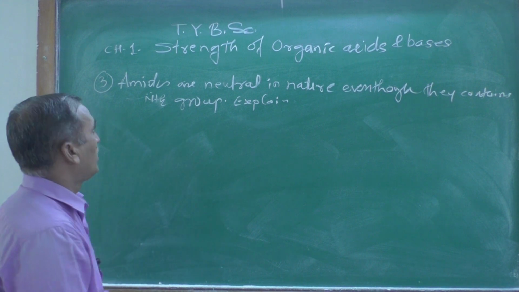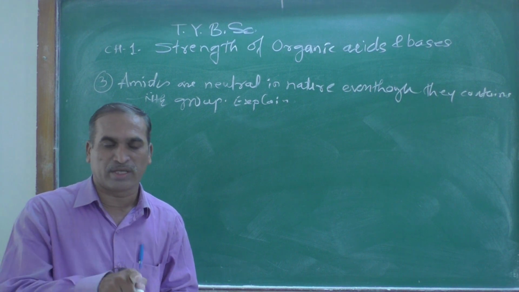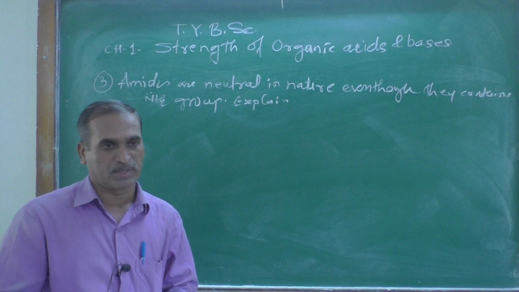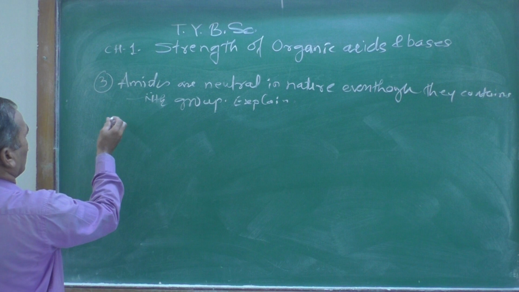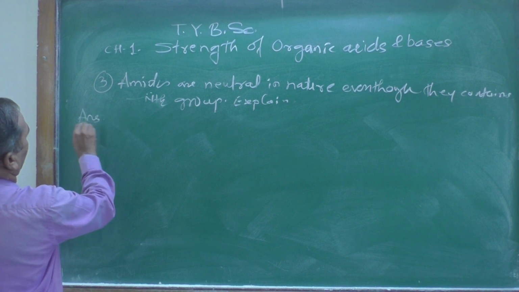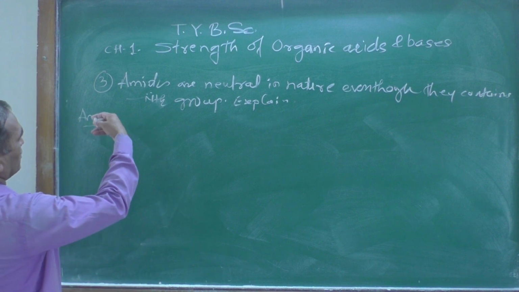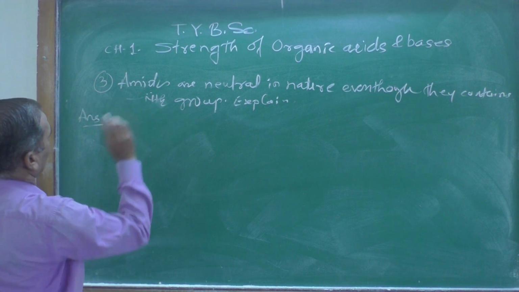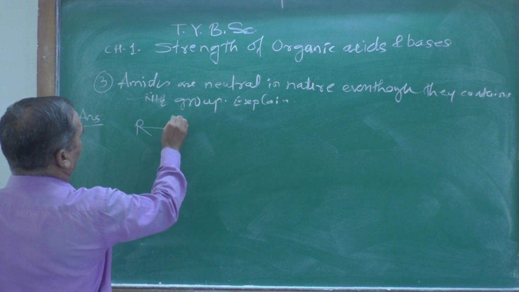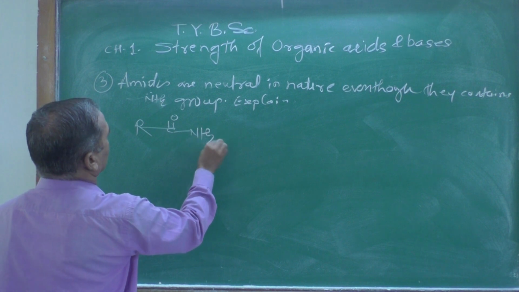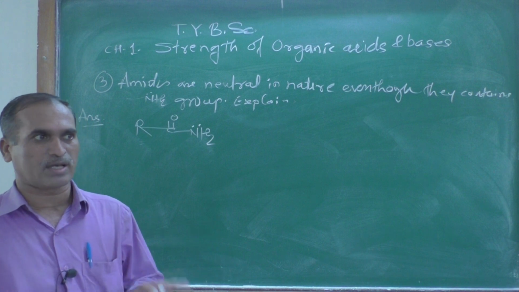And as most of you might know, the general structure of the primary amide, you must remember while answering, is R C double bond O NH2, where R may be an alkyl group.